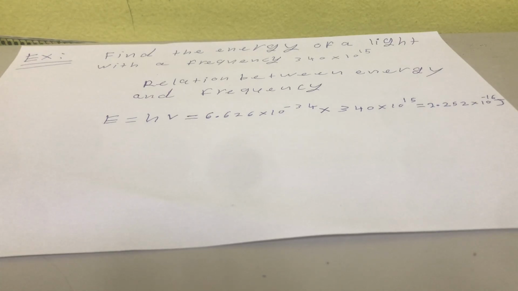So Planck's constant is about 6.626 times 10 to the negative 34 times V, which is the frequency. We have the frequency 340 times 10 to the 15. So we multiply them and we get the answer 2.252 times 10 to the negative 16 joules. We put three numbers after the decimal.